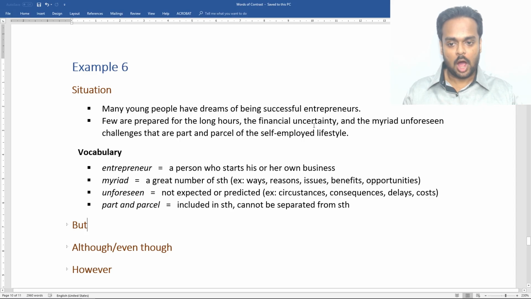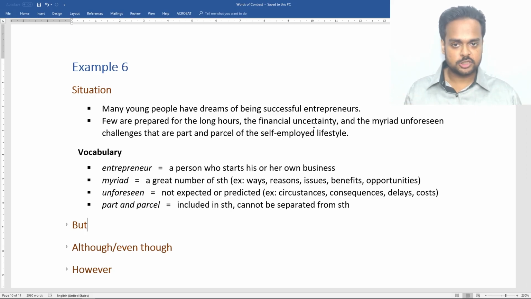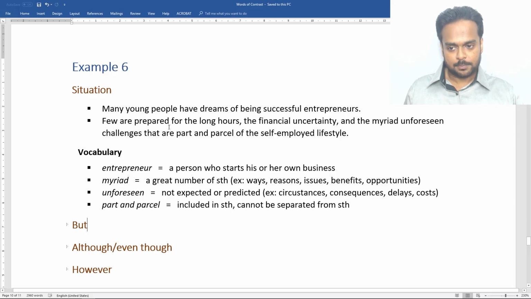The financial uncertainty means you can't be sure. So one month your business might generate a profit, another month it might incur a loss. So few are prepared for the long hours, the financial uncertainty, and the myriad unforeseen challenges. The word myriad means a great number of something.